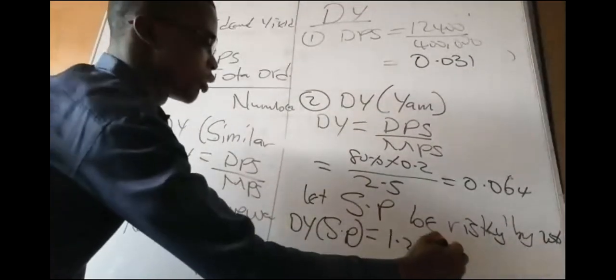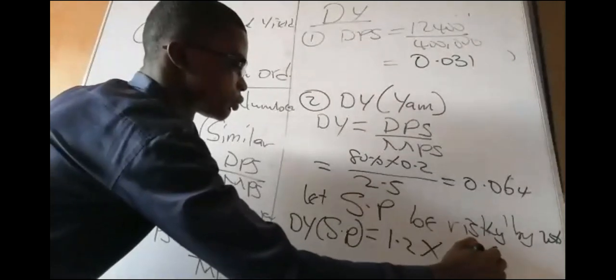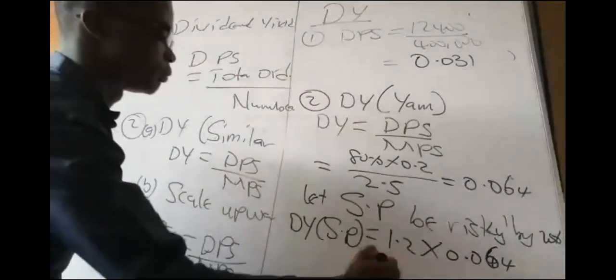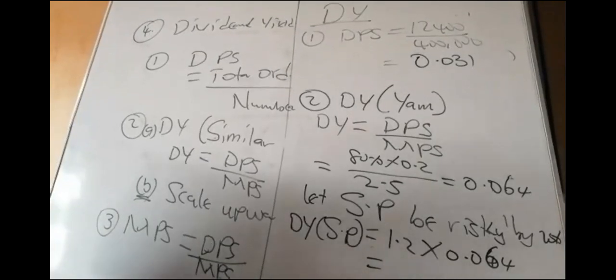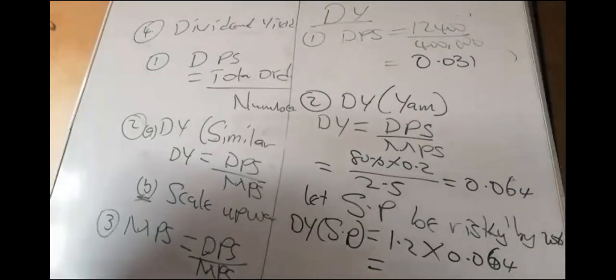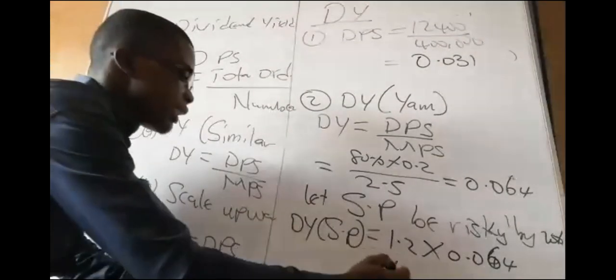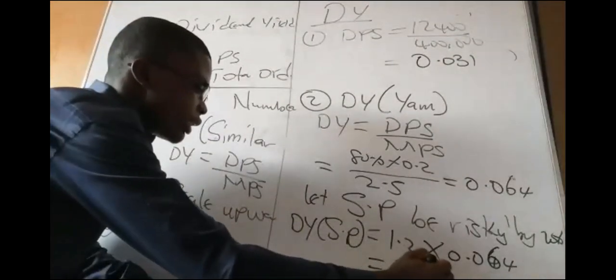That's done. Times 0.064, and that will be 0.0768.